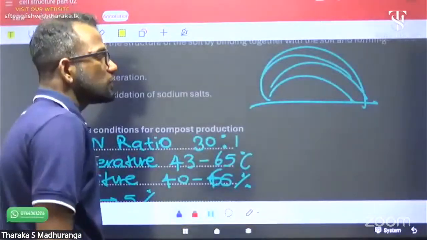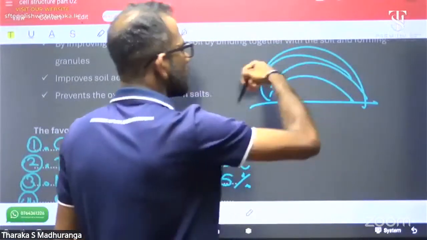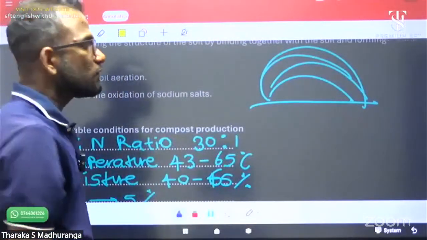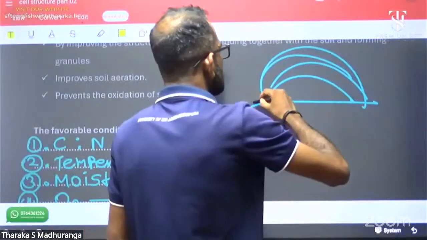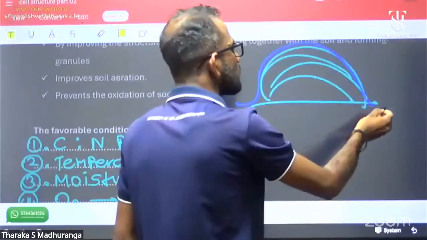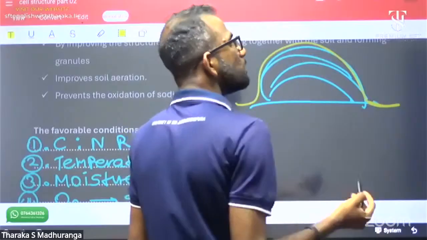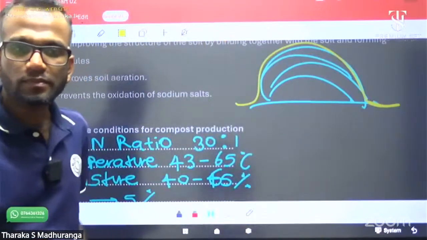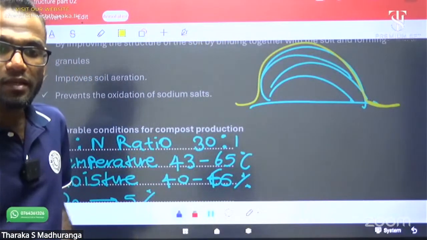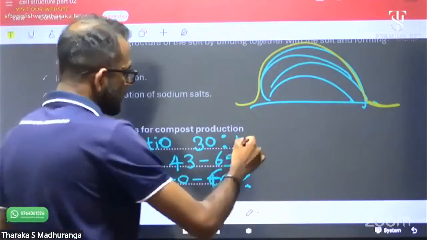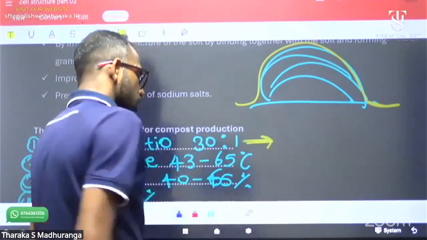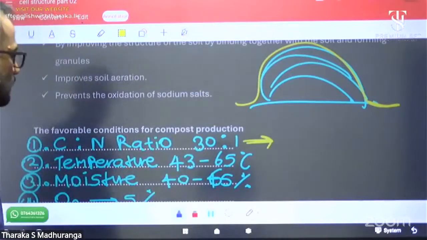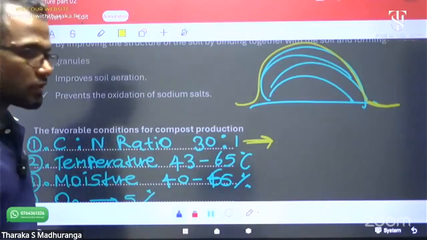What can we do? This is an organic material pile. We can close this using black polythene. First, we have to maintain the carbon nitrogen ratio of 30:1.